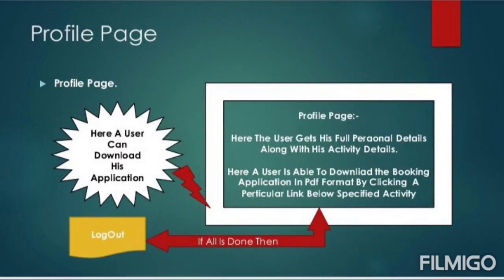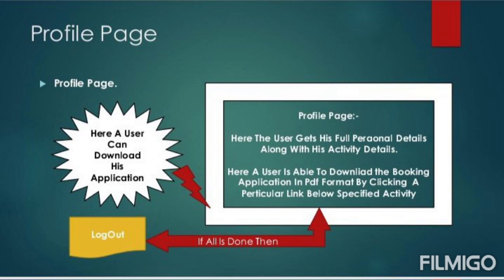Next, coming to the next slide, that is the profile page. This is the profile page where a user can view his details and booking history along with his aristocrat profile furnished with design and his own photo. Here he can download his application for the service he or she booked with us.